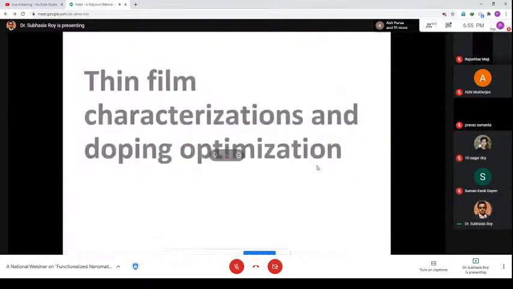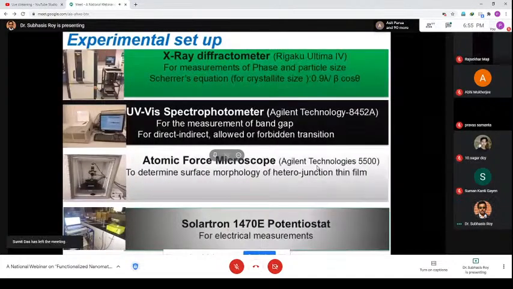So before starting, we have to characterize our thin films. XRD is done for structural analysis, UV spectra for optical property measurement, atomic force microscopy used for surface analysis, and Solartron photostat for measuring the photoelectrochemical property of the material.